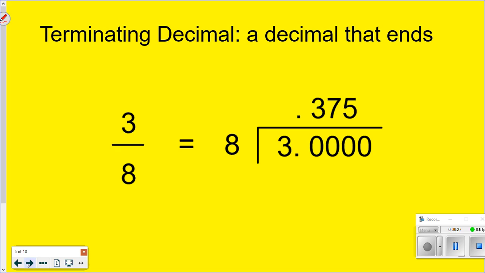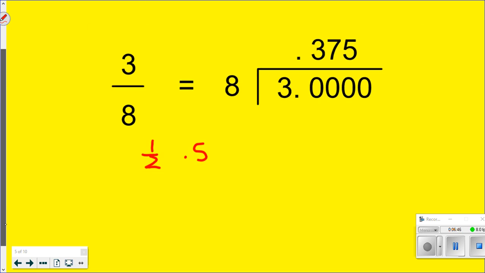Now, there's a term for this, and it's called a terminating decimal. A terminating decimal is something that ends, something that completely stops. It doesn't go on. For example, 1/2 will be a terminating decimal because I know 1/2 is equal to 0.5. Some other ones that you probably should know off the top of your head: 1/4 is 0.25, 3/4 is 0.75.